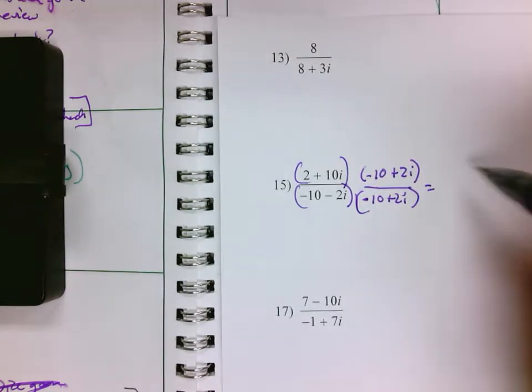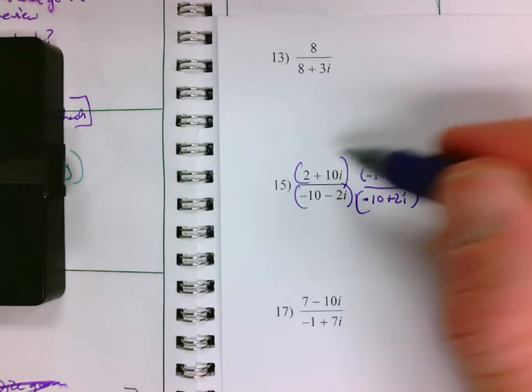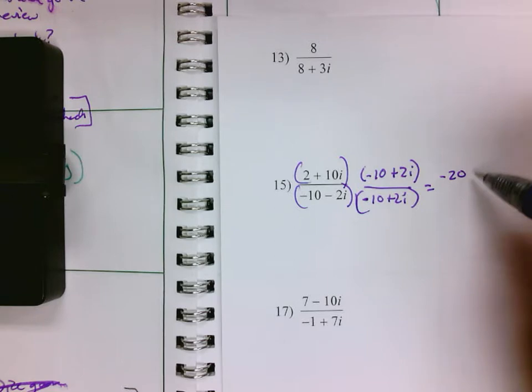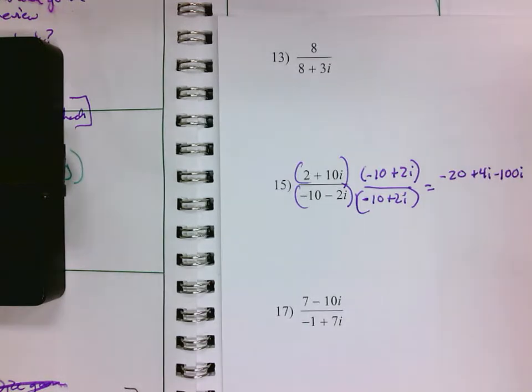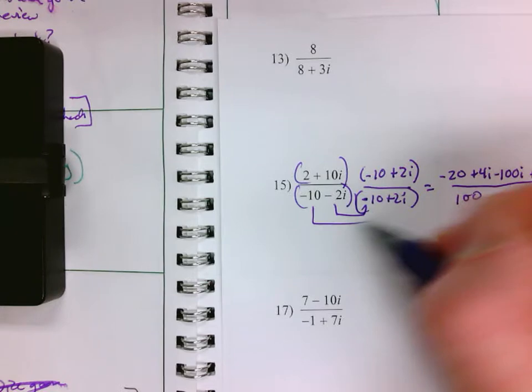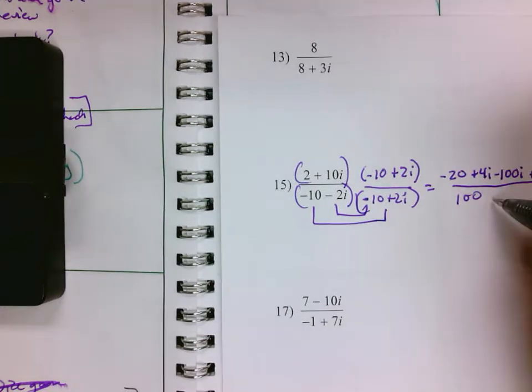So if you do your distributing here, you have negative 20 plus 4i minus 100i plus 20i squared. And then down here you have 100. We did this conjugate, so the outside and inside are gone. Minus 4i squared, which is plus 4.